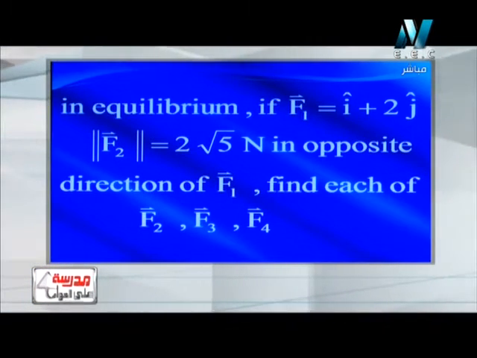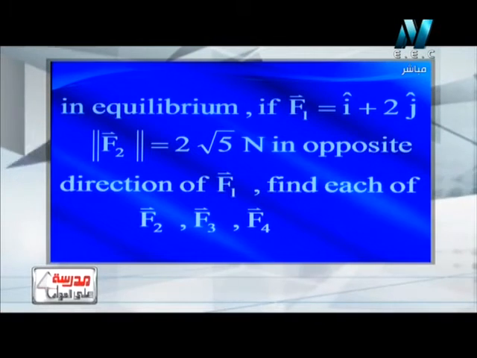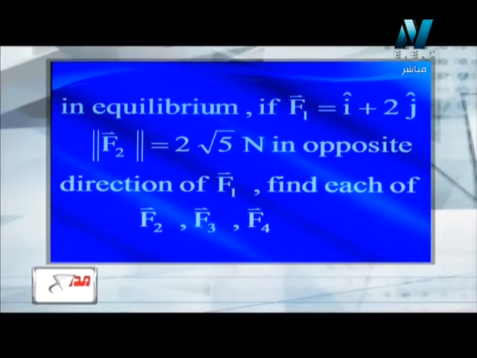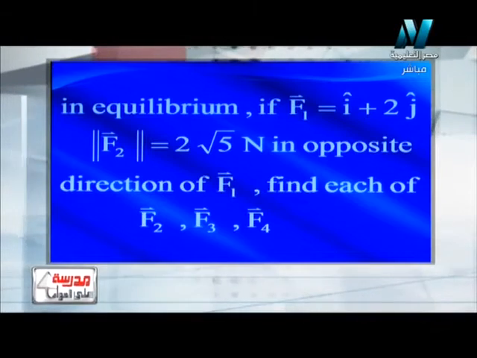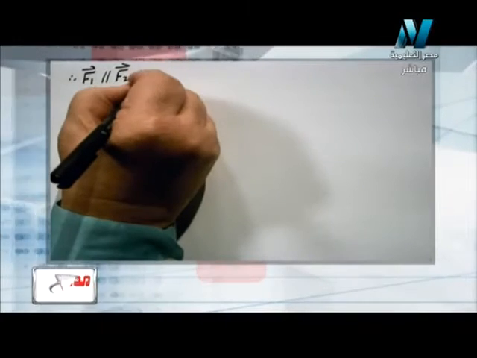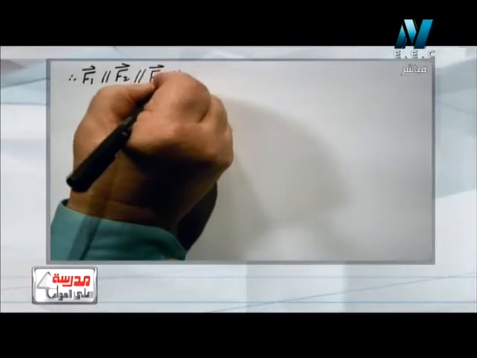So find each of F2 vector, F3 vector, and F4 vector. يبقى هو هنا دلوقتي في الاكزام ده بيقول لنا ايه؟ forces are parallel. يبقى F1 parallel to F2 parallel to F3 parallel to F4.